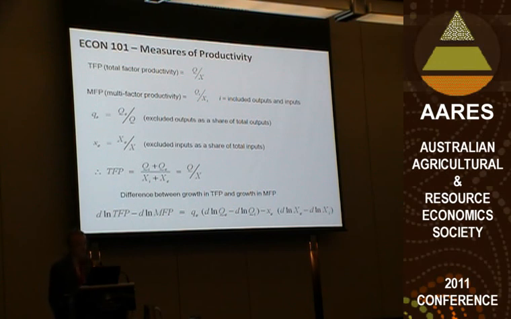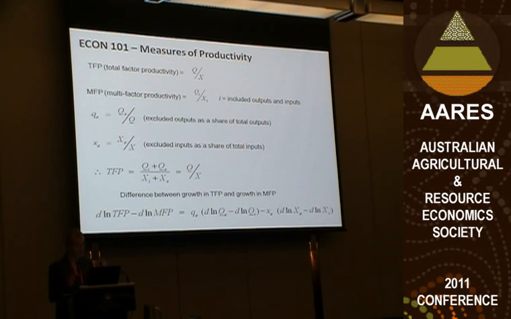So TFP is actually a measure of included and excluded outputs relative to included and excluded inputs. And if you take the total differential of that and look at the differential rates of growth of a conceptual ideal called TFP and a practical reality, we're calling MFP here, you get the obvious result that it depends on how quickly the excluded outputs are growing vis-a-vis the included outputs, and how quickly the excluded inputs are growing vis-a-vis the included inputs.